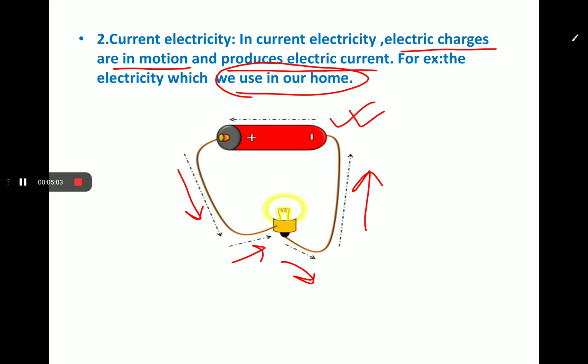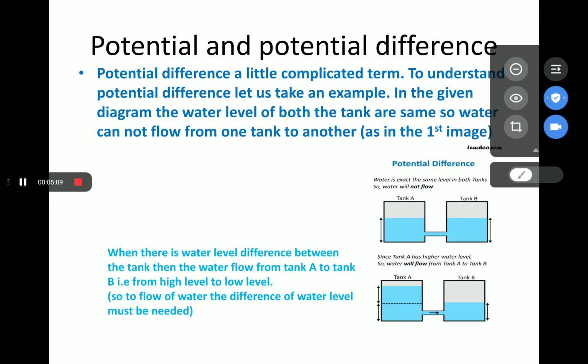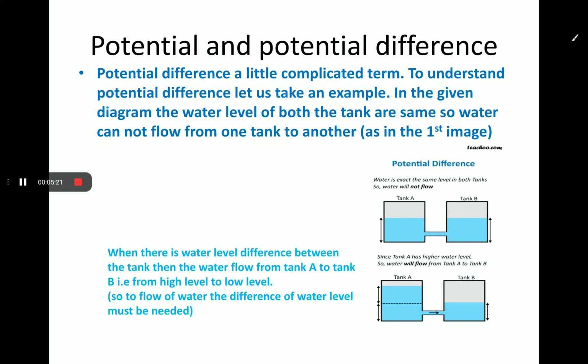Now to understand current electricity clearly, firstly we have to understand the term potential or potential difference. Now students, to explain the term potential, let's have an analogy.